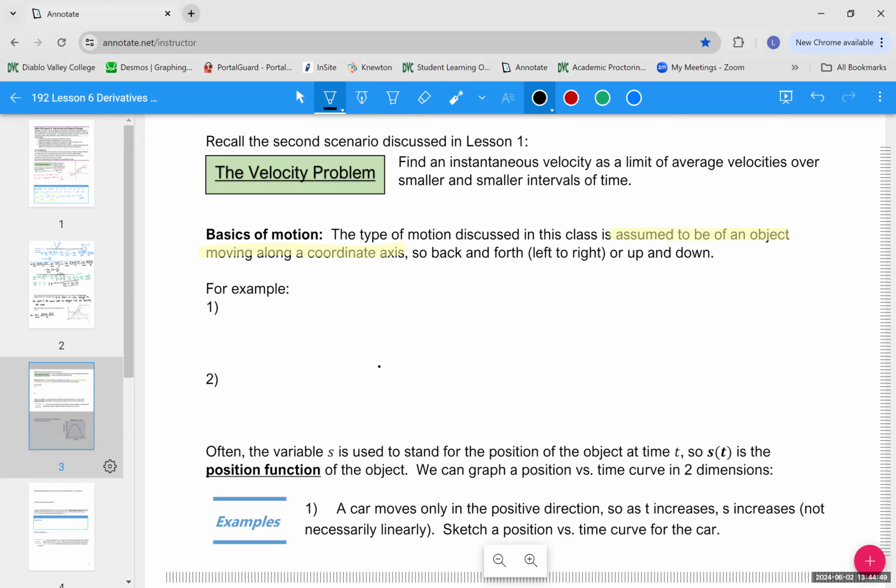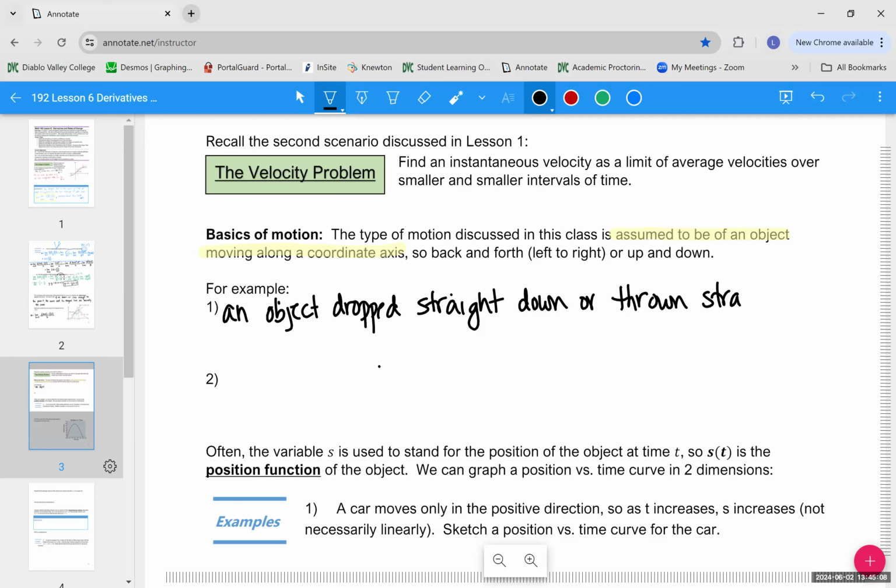So that could be an object like one dropped straight down, or perhaps thrown, but again, it has to be straight up. We're not dealing with breaking motion in a parabola into different forces or anything like that.